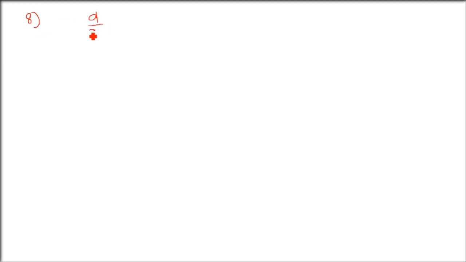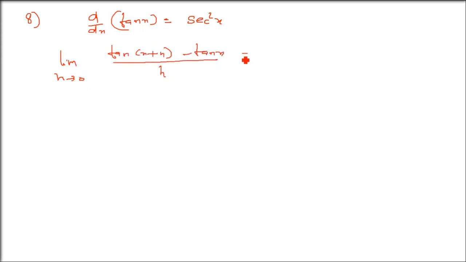So next one is d by dx of tan x. d by dx of tan x is sec square x. So we'll apply the first principle: limit h tends to 0 of f(x plus h) minus f(x) by h, so tan(x plus h) minus tan x by h.